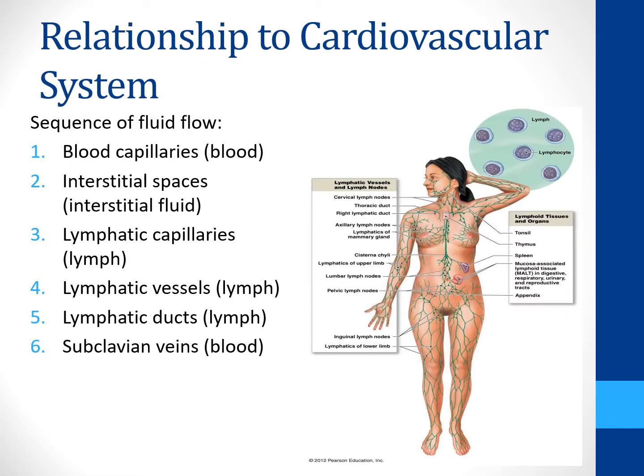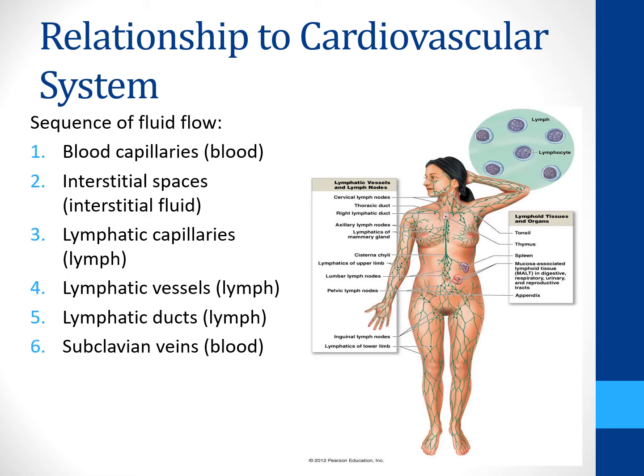Fluid always flows in one specific direction. We learned about the flow within the blood vessels 2 weeks ago, but the fluid that comes out of the capillaries, so there's blood within the capillaries, and then there's fluid that's lost from the capillaries, which becomes interstitial fluid while it is within the tissues. That interstitial fluid drains into lymphatic capillaries and becomes lymph.